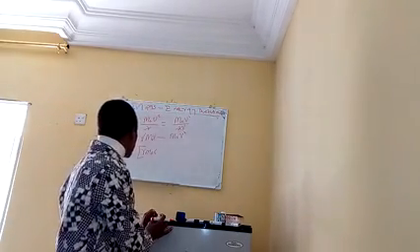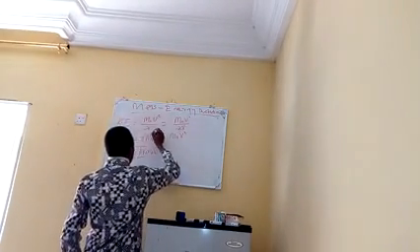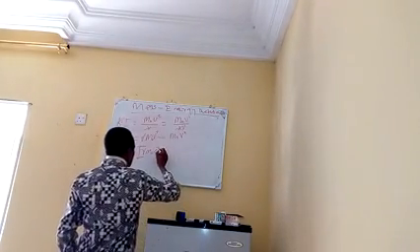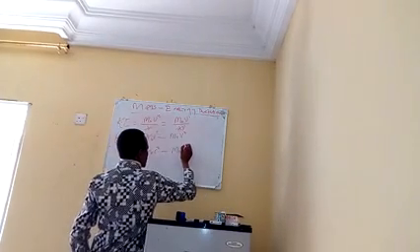So here we are going to use the speed of light, mc squared. c squared replaces v squared, minus m naught v squared.